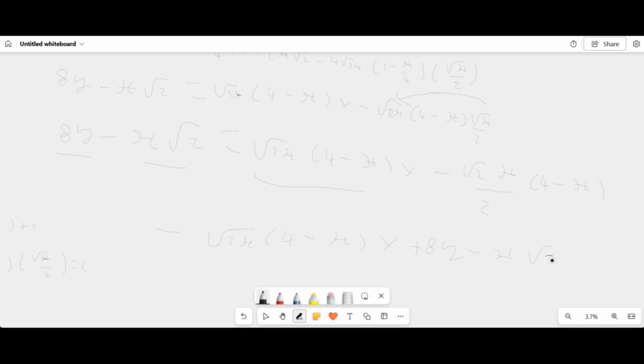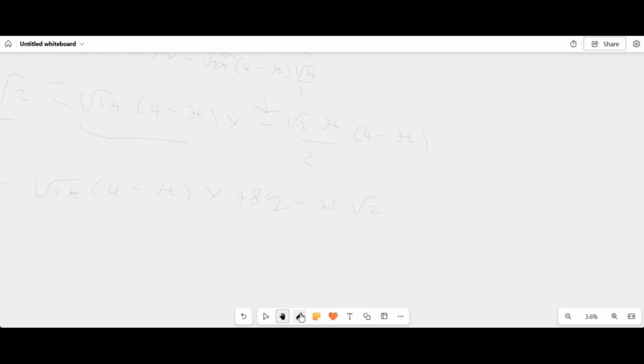Since this is negative, you want to move it to that side as well, so it becomes positive. That's going to be positive root 2 pi over 2, 4 minus pi, and all of that is going to be equal to 0 because you cleared the whole right-hand side. Alright, calm.